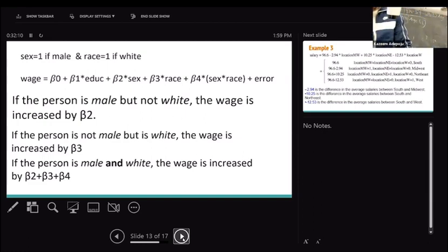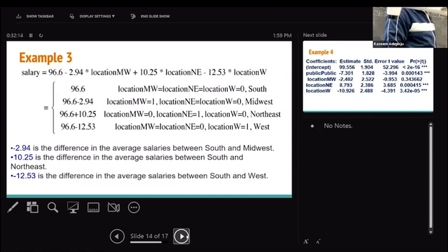Okay. Now, somebody asks this. We have a categorical variable, but it has 4 levels. Look at that, 4 levels. When it has 4 levels, we're only going to have how many in the model? 3. That will be 4 minus 1. One will be the reference, right?